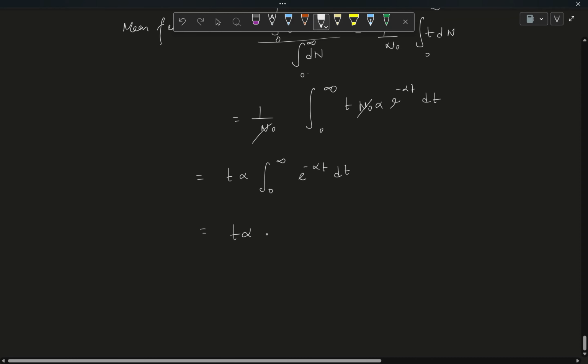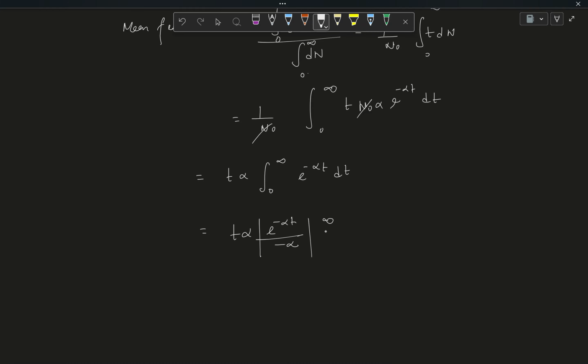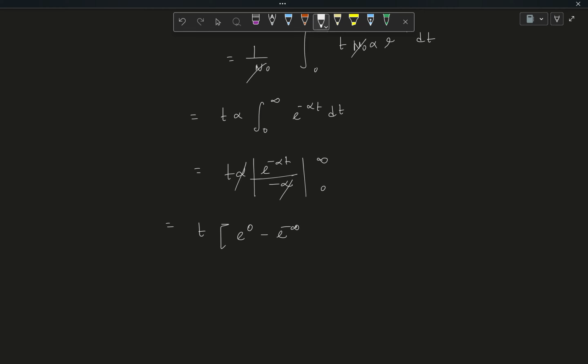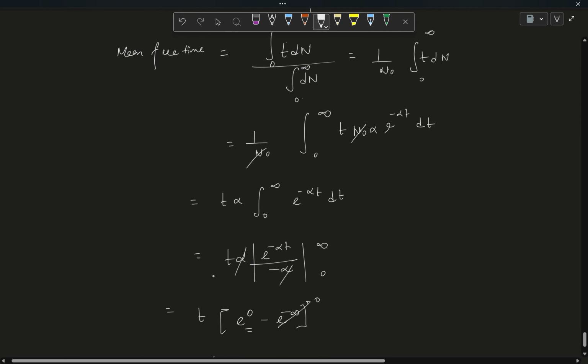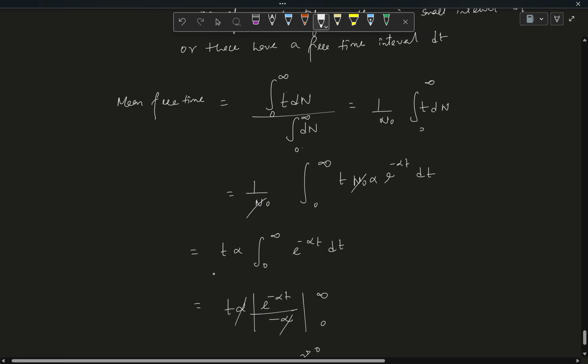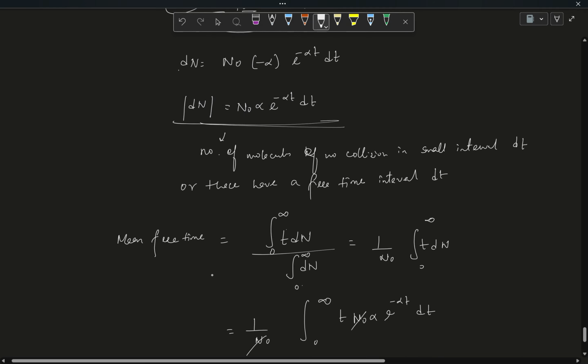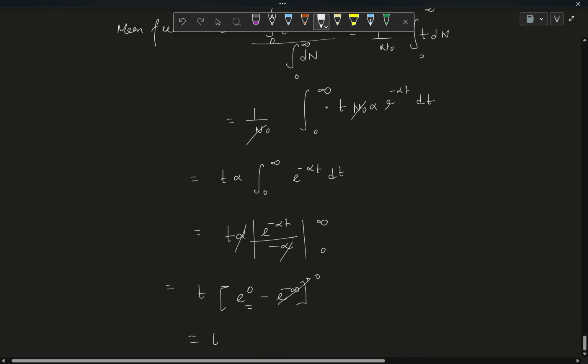So this n naught and n naught cancel out, so you have t alpha, 0 to infinity, e to the power of minus alpha t dt. So you have t alpha e to the power of minus alpha t by minus alpha from 0 to infinity. So alpha and alpha cancel out, then e to the power of 0 minus e to the power of minus infinity. This is 0 and this is 1. So we are left with t, but sorry, there is a certain mistake I have made.